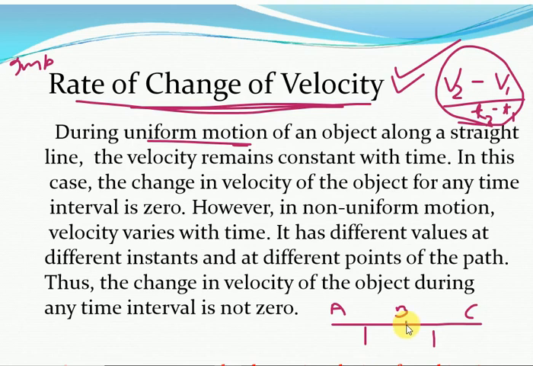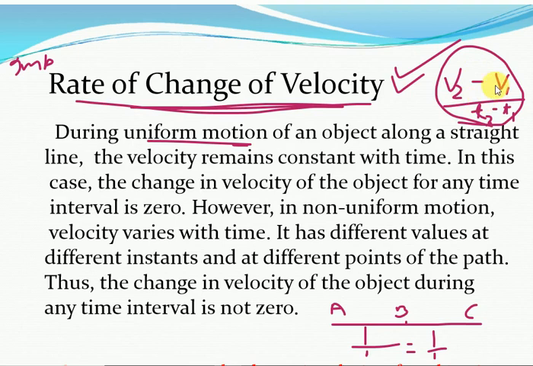Now to travel this displacement of 1 kilometer, suppose the body takes 1 minute from A to B, and B to C also 1 minute. So the velocity remains the same, that is 1 kilometer divided by 1 minute here. Here also 1 kilometer divided by 1 minute. So the rate of change of velocity means, what is the change of velocity? 1 kilometer minus 1 kilometer.